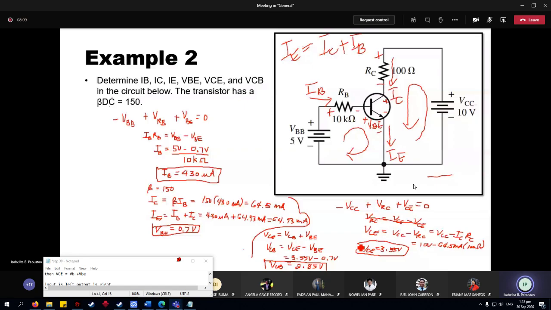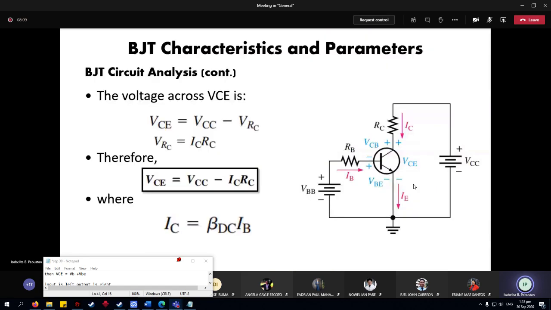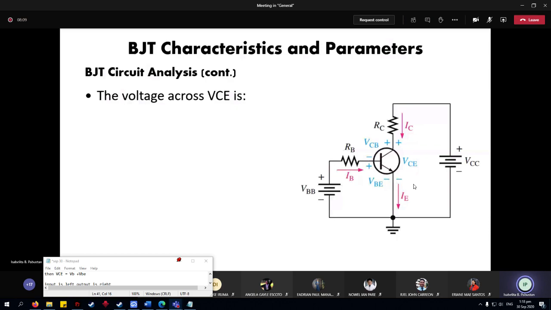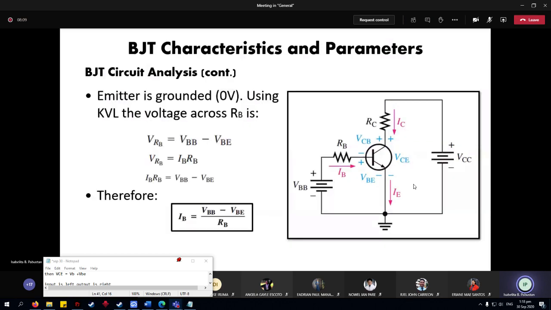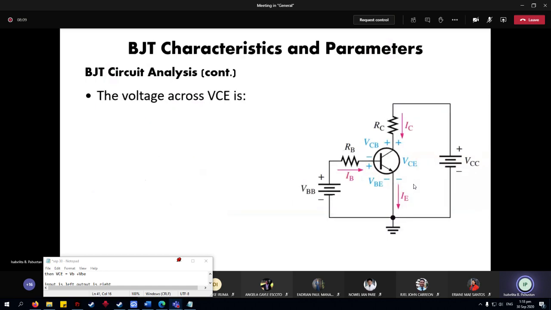Those are the formulas you need to memorize. But formulas like this, huwag na i-memorize, kasi pag nag-iba ang circuit, iba na rin ang formula. So, imagine if you will be memorizing a lot.